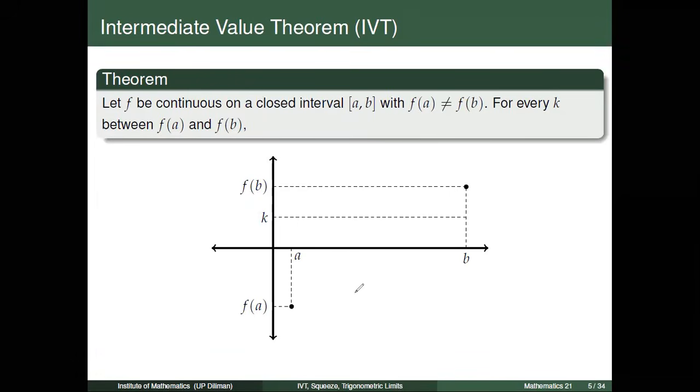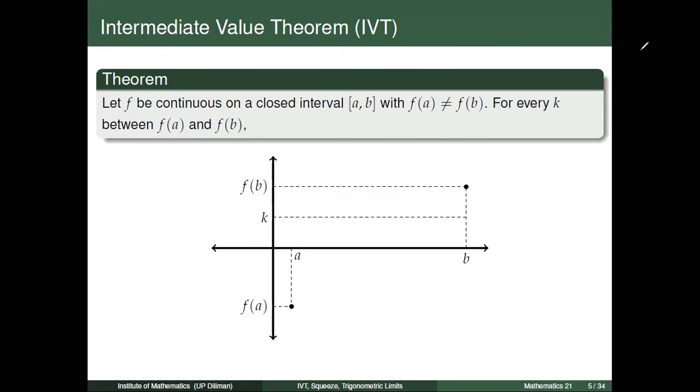Now, what's another way to avoid crossing that portion of the line between a and b? Well, if we do this to avoid that portion, then sure, we avoid the line y equals k between a and b, but then what we obtain does not represent a function.